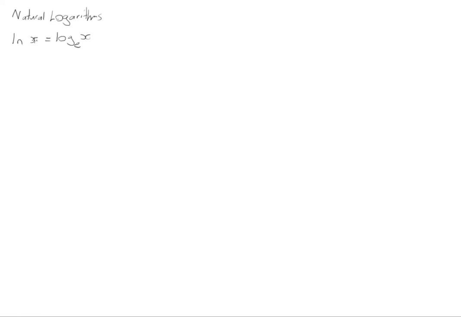Well, they are exactly the same as our previous logarithms, where we've got ln m plus ln, which is our natural logarithm again, n, is equal to ln of m times n.